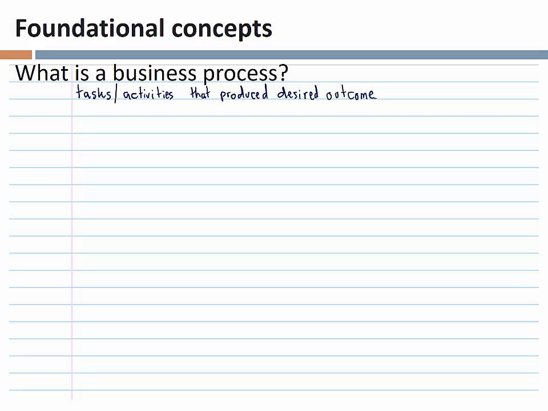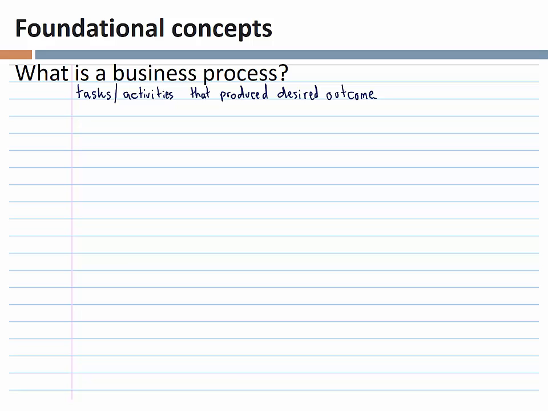The stuff that we do to produce products is a business process, but so are the tasks or activities that we do to hire a new employee, or to create a new product. There's a whole bunch of things that we do in our organization to produce desired outcomes. And so I particularly like your definition, tasks or activities that we do to produce a desired outcome.